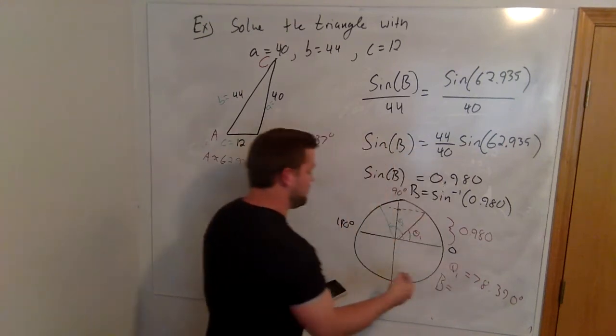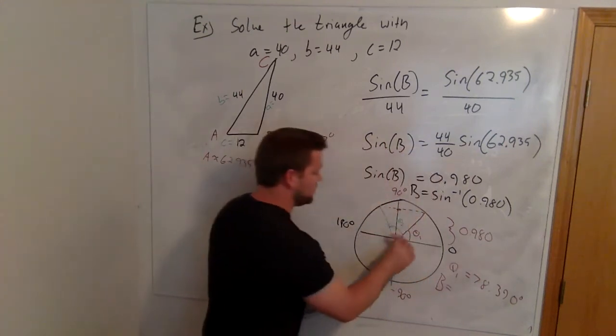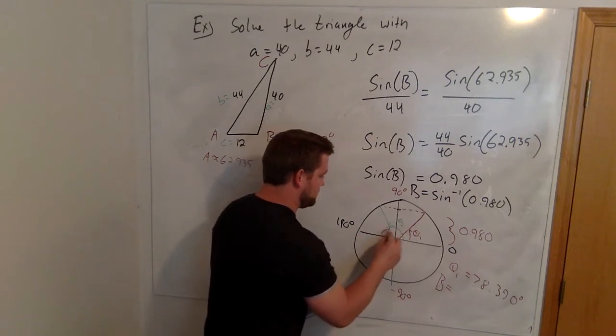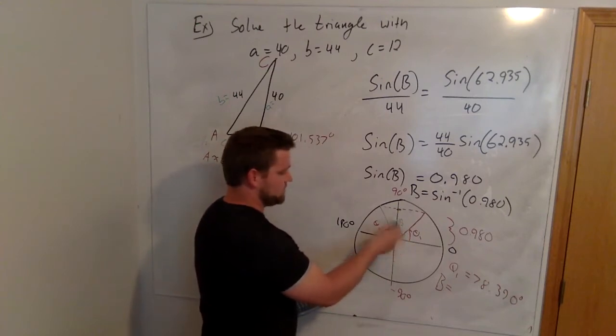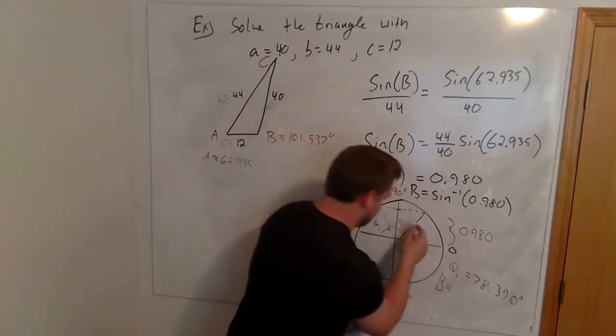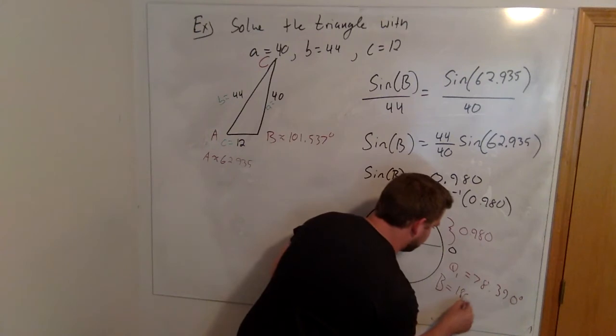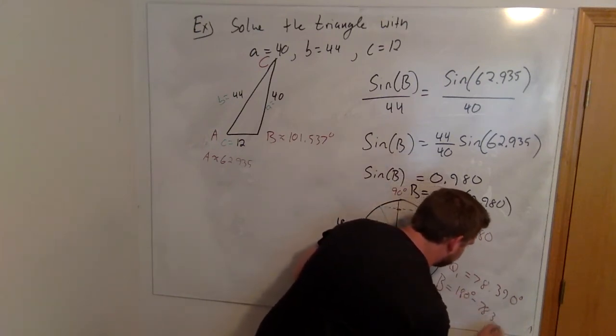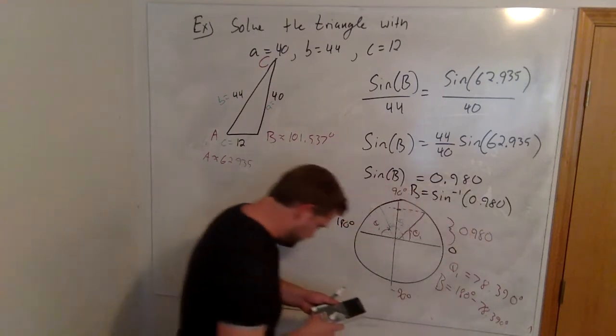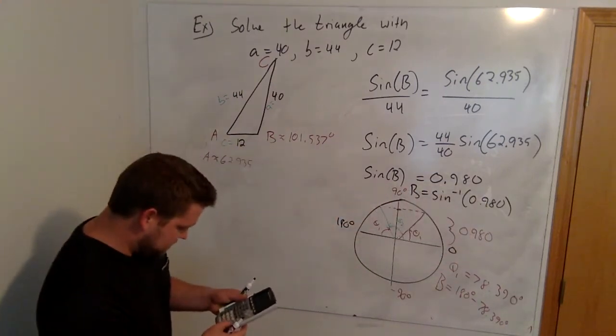So we'd have to mentally see that B should actually be 180 minus theta 1. If this is theta 1, then this will also be theta 1. So if I want this green angle here, that's what B will be: 180 degrees minus 78.390 degrees.